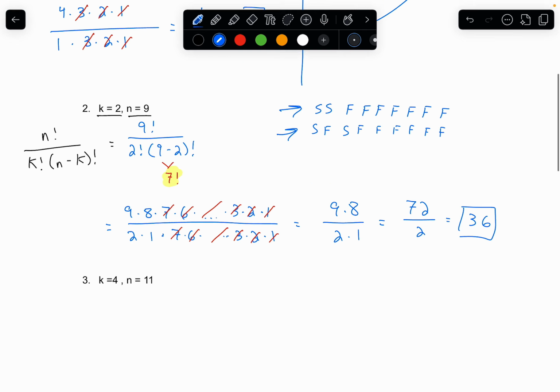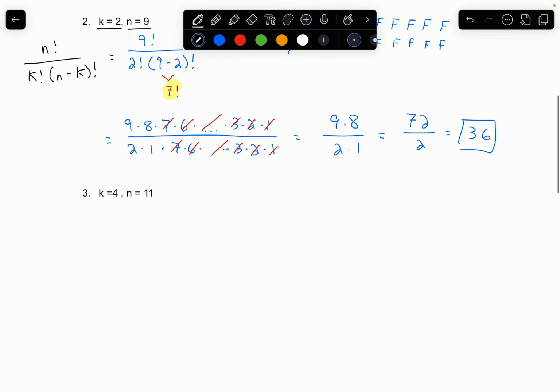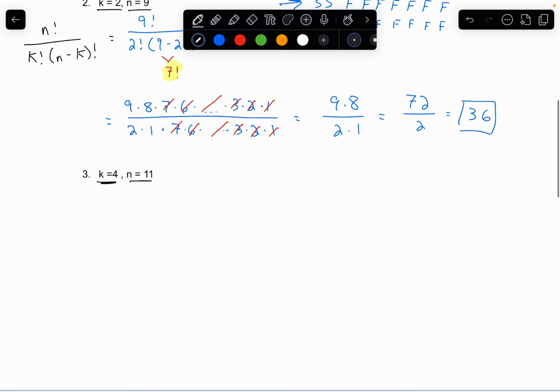Let's take a look at one more. For my last problem, I have k is equal to 4 and n is equal to 11. I like to write the formula out first, just for the first few times, until we start to feel a little bit more comfortable with it. That looks like n factorial divided by k factorial times n minus k factorial.